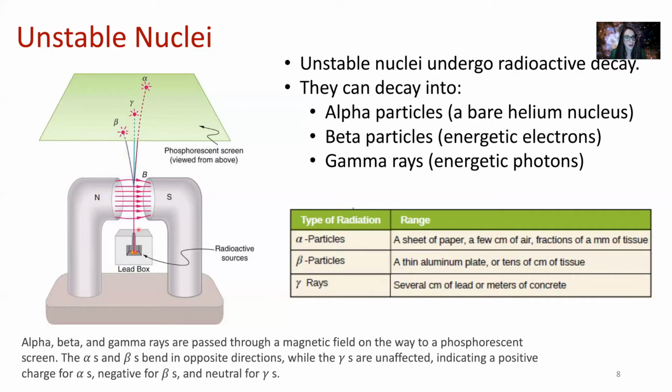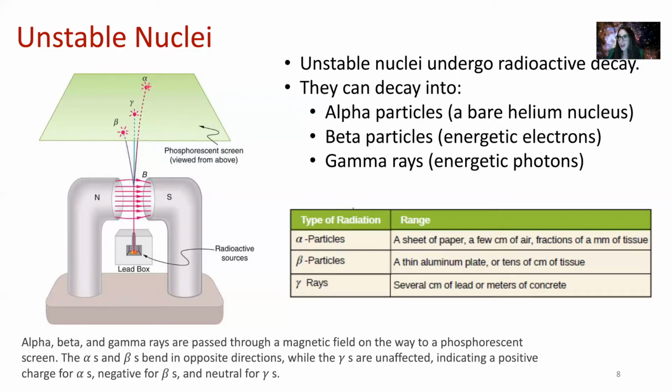Here is an apparatus with a lead box, inside of which there is a radioactive source. And here we have a magnetic field. Our radioactive source is undergoing radioactive decay, emitting alpha, beta, and gamma particles. Those particles travel through the magnetic field and arrive at a photo screen. We see that the beta and the alpha particles are both deflected as they travel through the magnetic field.